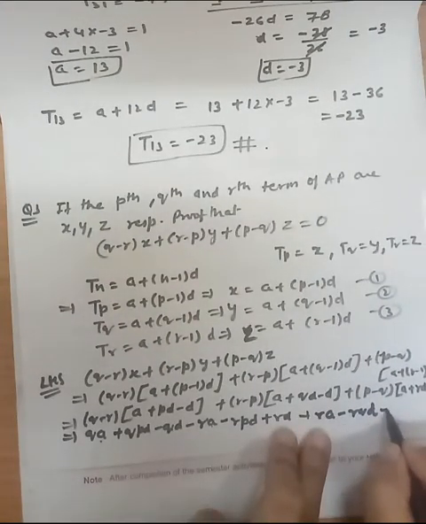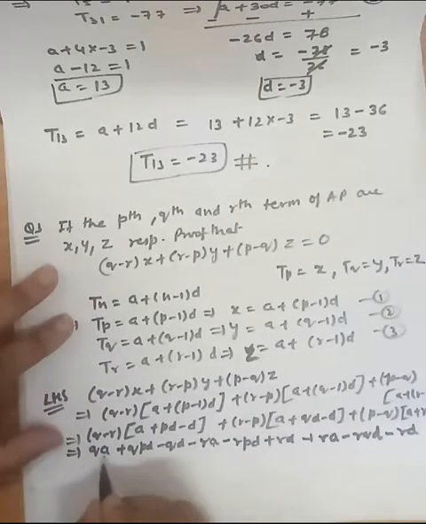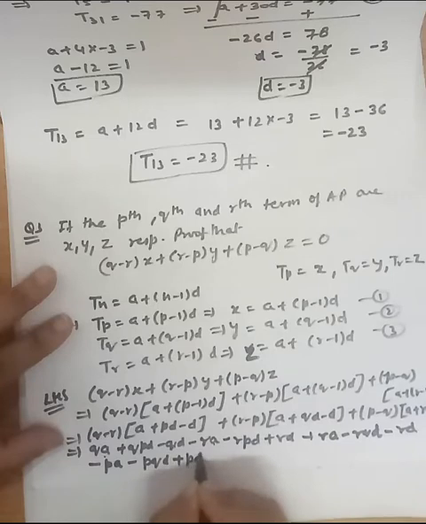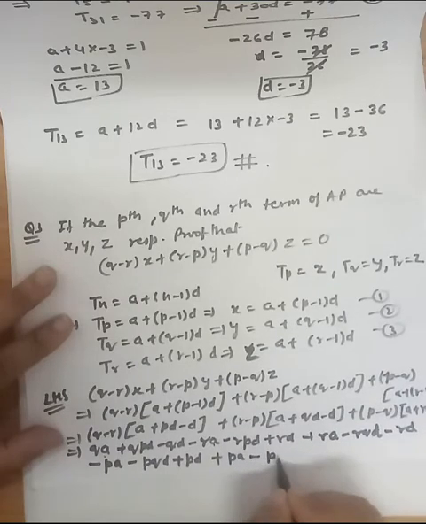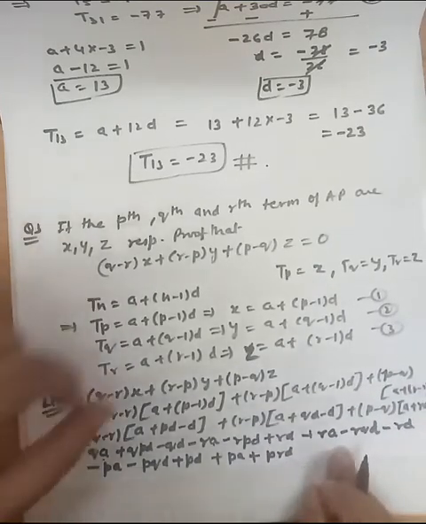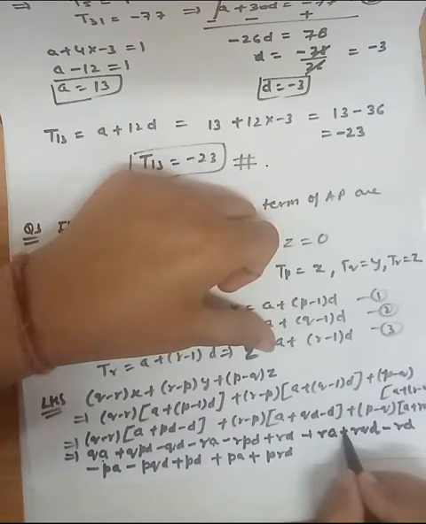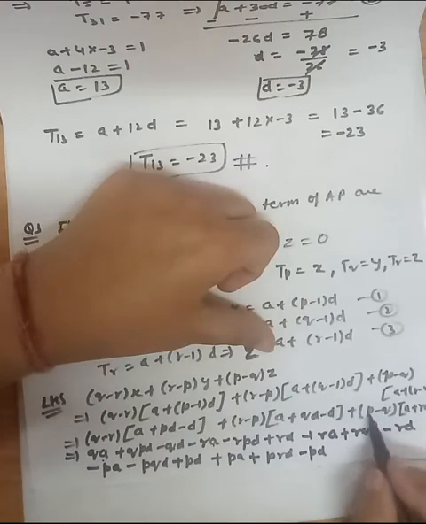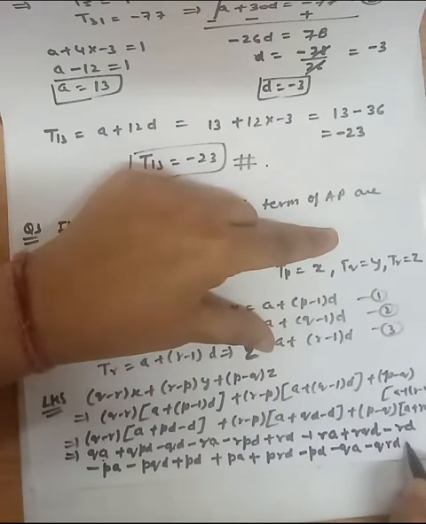So please solve carefully, otherwise calculation mistakes may come. There is plus pRD, plus pRD, minus qA, minus qRD plus qD.